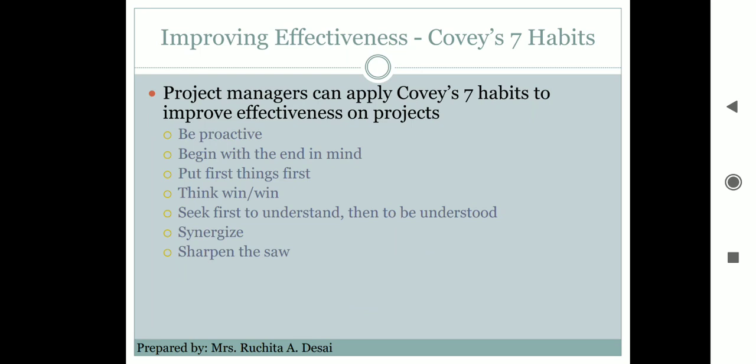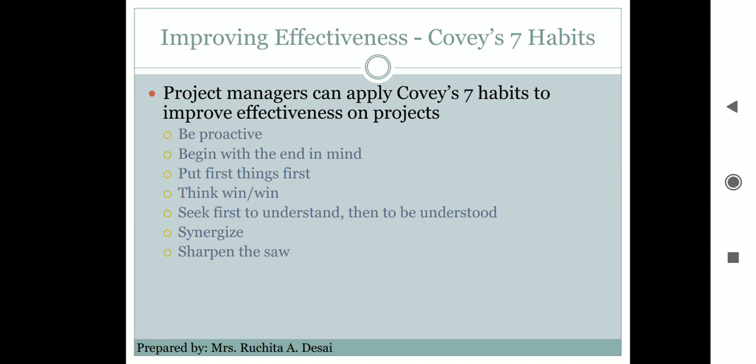The next one is synergize. The project team can synergize by creating collaborative products that are much better than a collection of individual efforts. They have to work as a team so they can produce better products.